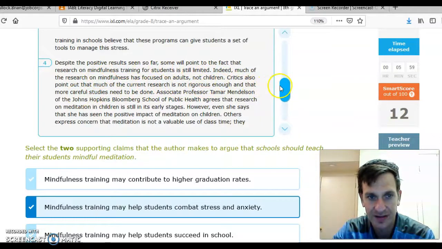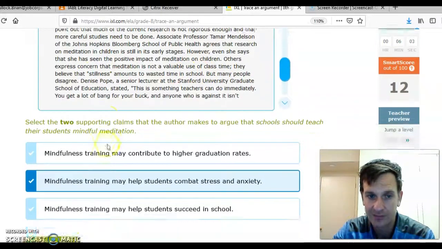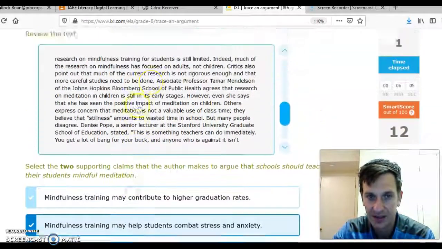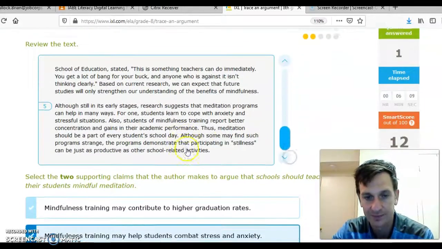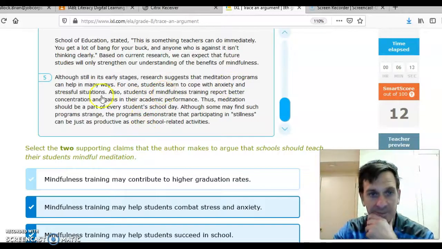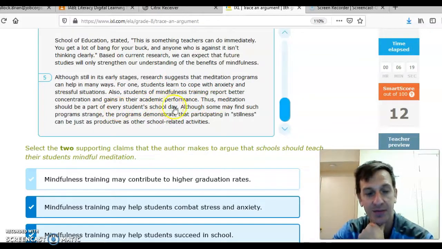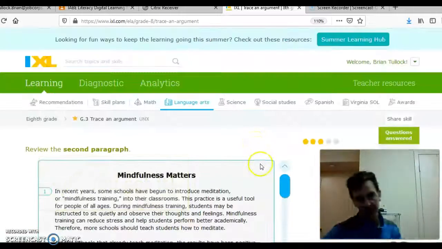It definitely doesn't say anything about graduation rates, but it does stress that students will succeed more in school. Alright, better concentration and gains in their academic performance. Thus, meditation should be a part. Alright, nothing about rates, but yes, it does say succeed in school.